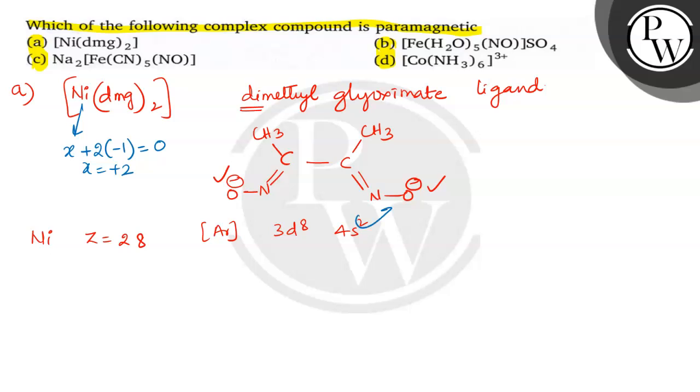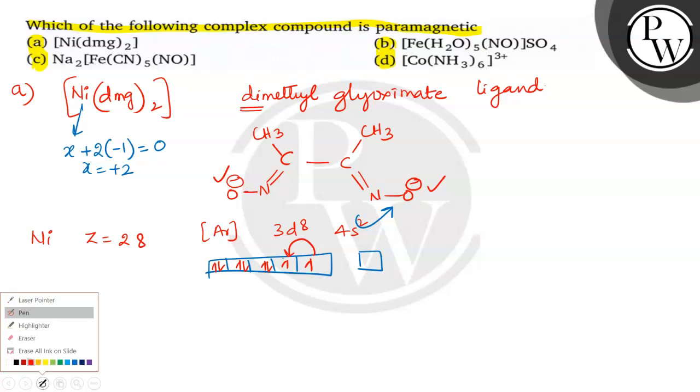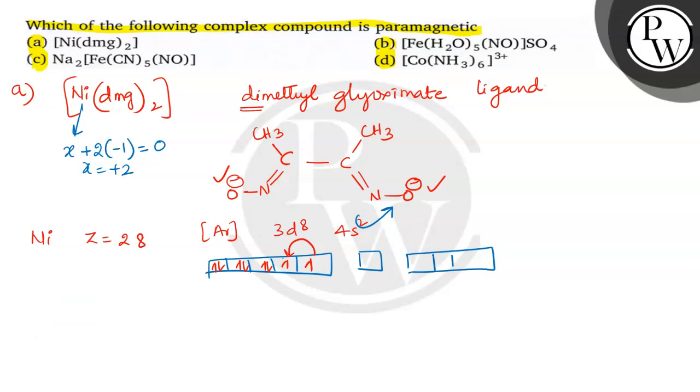So it lost 2 electrons and it has 3d8 electronic configuration. 3d8, 8 electrons arranged like this: 1, 2, 3, 4, 5 and 6, 7, 8. Now, as this is a strong ligand, pairing takes place against Hund's rule. So, this outermost p orbitals are also available.